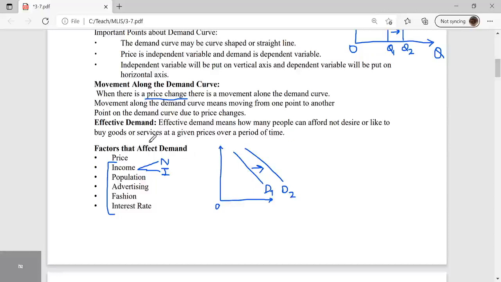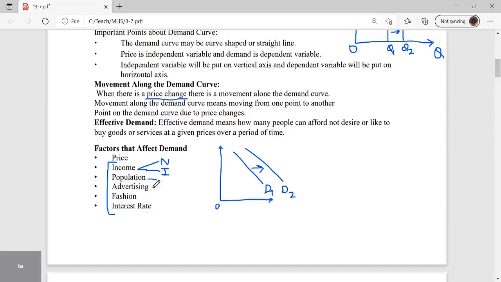Next, population. If population rises, what will happen? Demand will rise, right? But it depends on the demography, what kind of population we're talking about. If the number of young people increases, then the demand for goods wanted by the young generation will increase. If the number of elderly citizens increases, then the goods demanded by elderly people will increase.